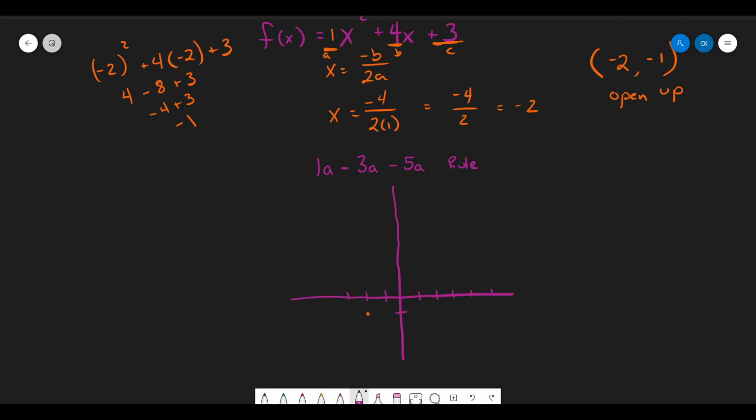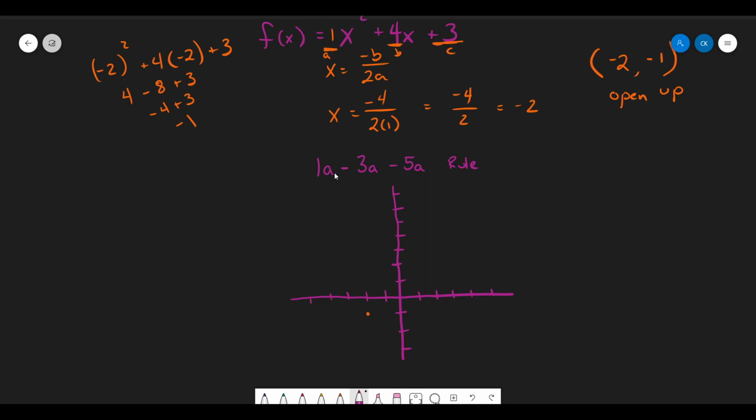In order to get all of your other points on a parabola, all we have to do is follow the 1A, 3A, 5A rule. A is still talking about this A here. So for every parabola, it's going to be a little different based upon your A in terms of how I find my other points.